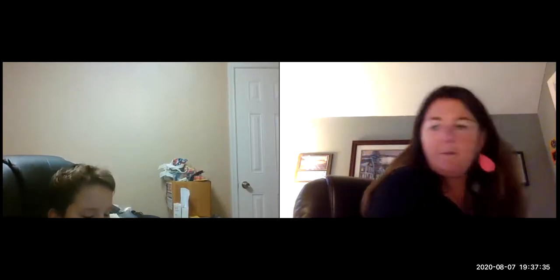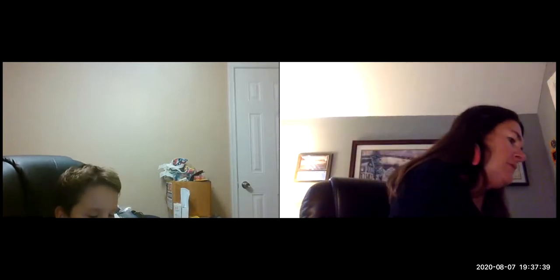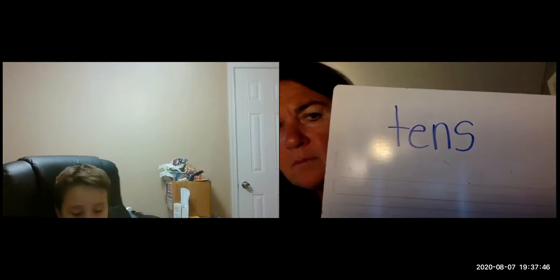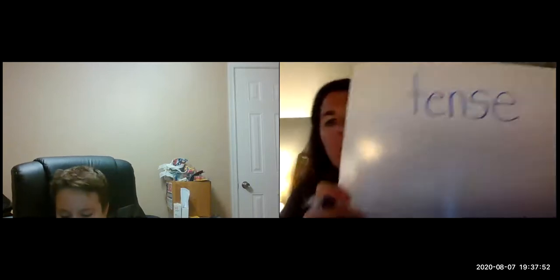Plural. Look, what if I had this word? I'm going to write this word. What's this word? Tens. Okay. Now, I'm going to add an E to it. What's our word?